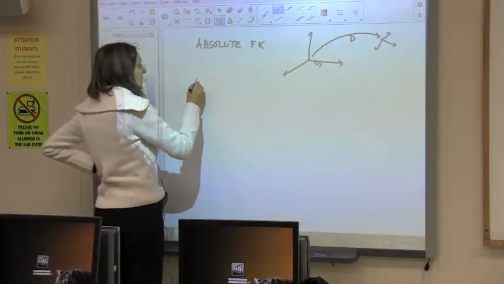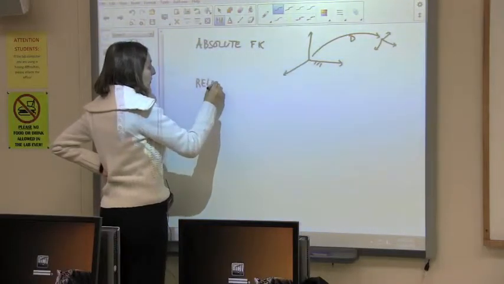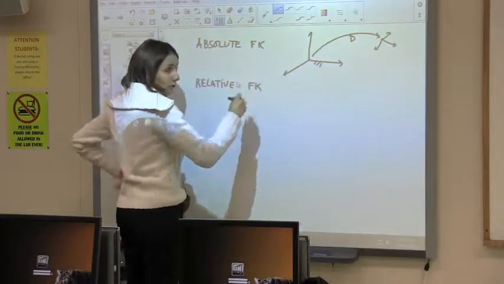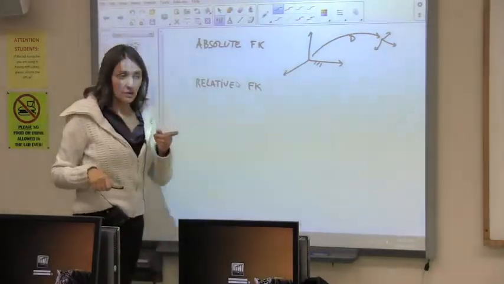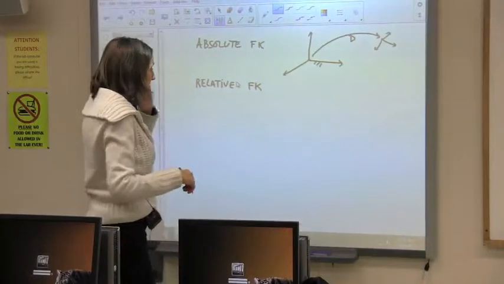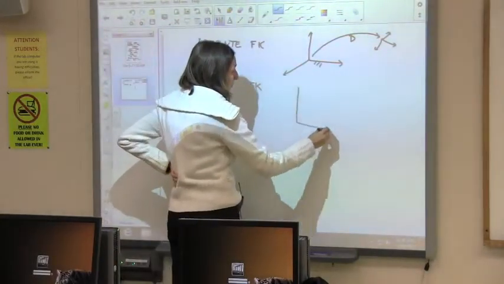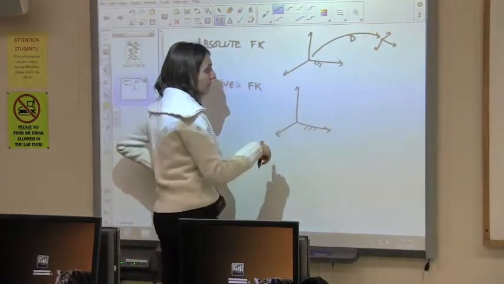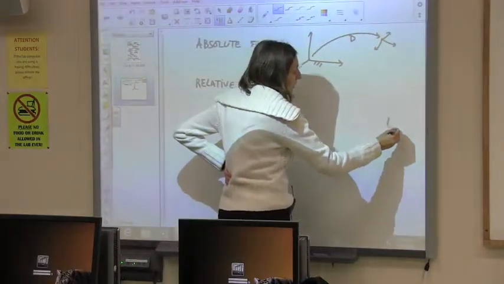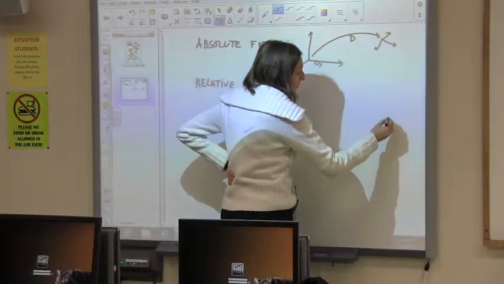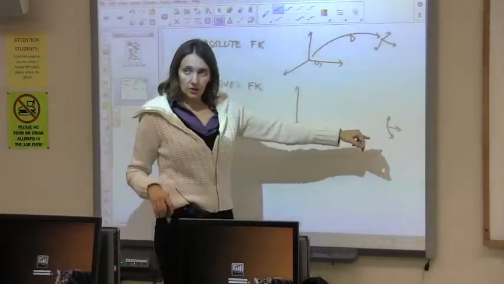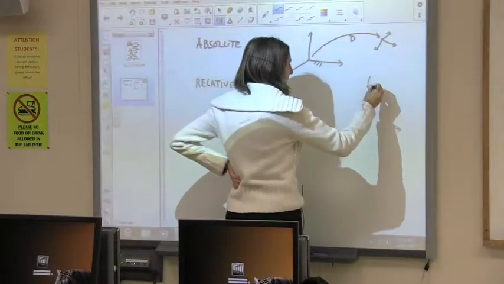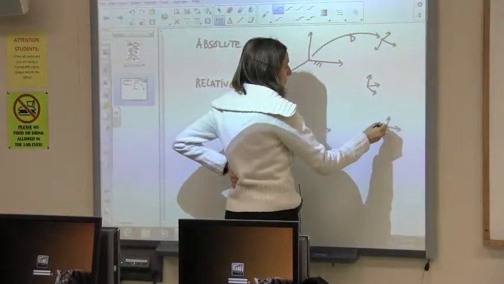Now we are interested, because it simplifies the problem, in what we call the relative forward kinematics, which stems just from the definition of the relative motion that we covered in the first chapter. We still have a fixed frame that we measure from, but now we say our robot, the frame attached to the end effector, was here before, now it is here, and we want to know this motion.